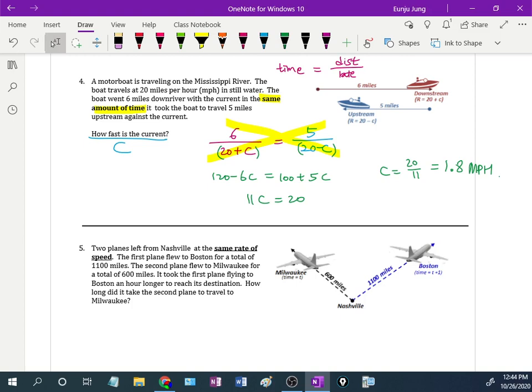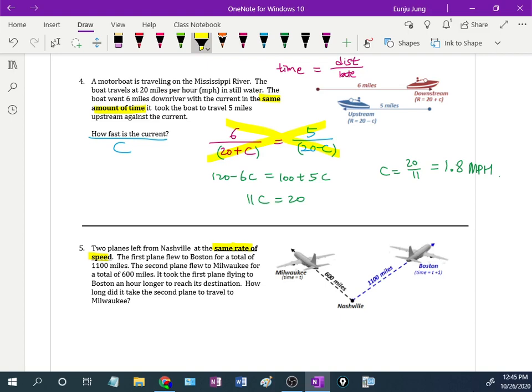Question number 5. Two planes left from Nashville at the same rate of speed. This time we have the same rate of speed. The first plane flew to Boston for a total of 1,100 miles. The second plane flew to Milwaukee for a total of 600 miles.